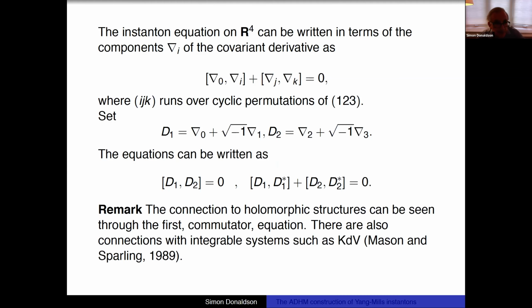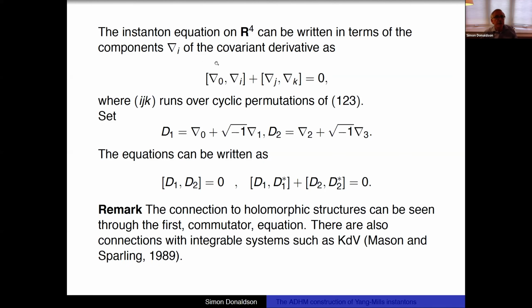So developing that line of ideas, let's go back to the instanton equation on R4 and think about that. We can write that equation in terms of the components of the covariant derivative, remembering the curvature is given by the commutators of these components.